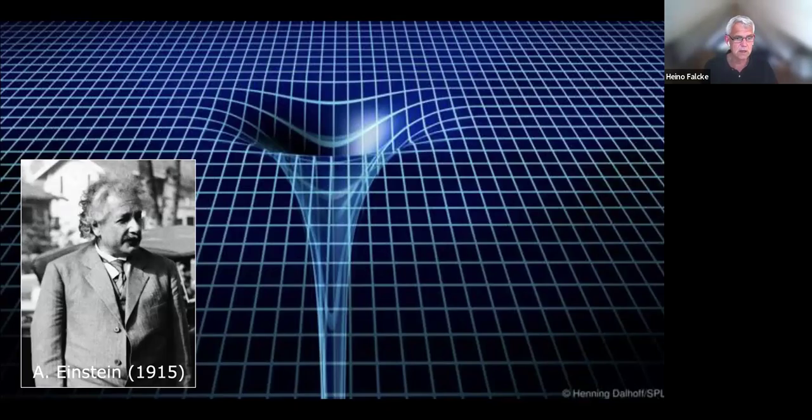And so that's a picture we have. We have a two-dimensional representation of space. You have a solid body with a lot of mass, and it will actually bend space-time. Now, three-dimensional space-time we cannot picture very well, so we make this two-dimensional representation.